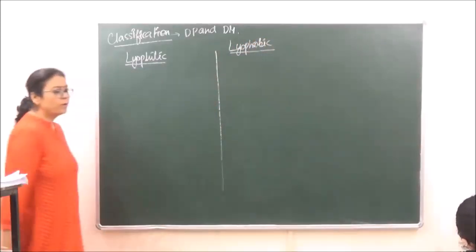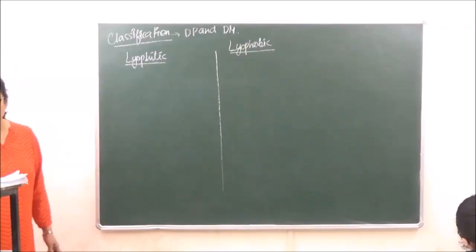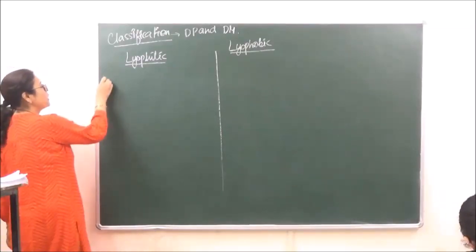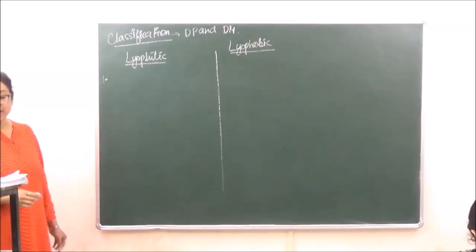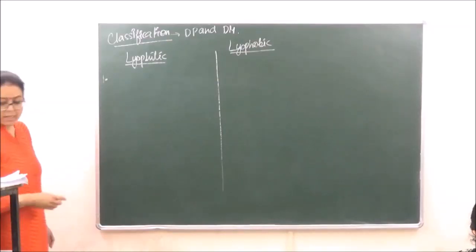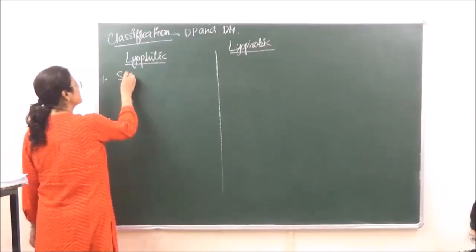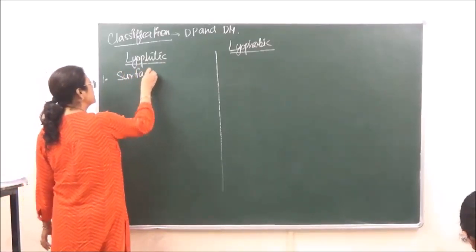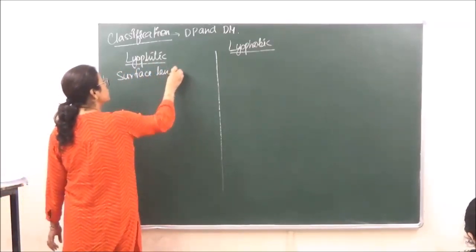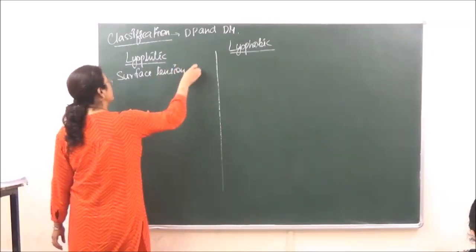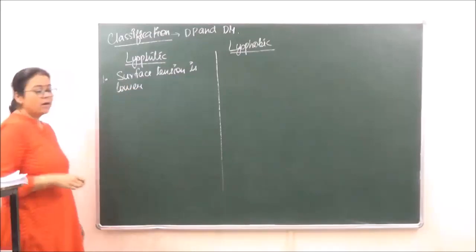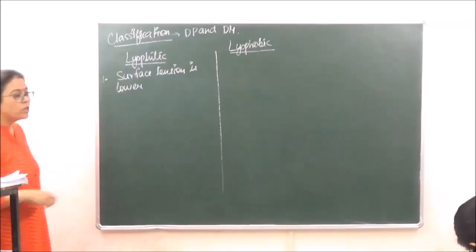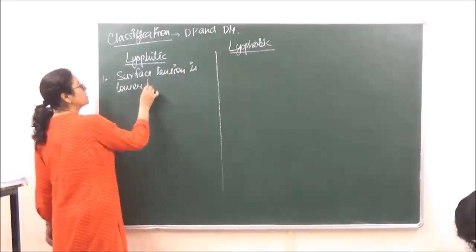The first property according to which we are going to differentiate the two is the surface tension. Now in case of lyophilic colloids, the surface tension is lower. Okay? It is lower than that of the dispersion medium.